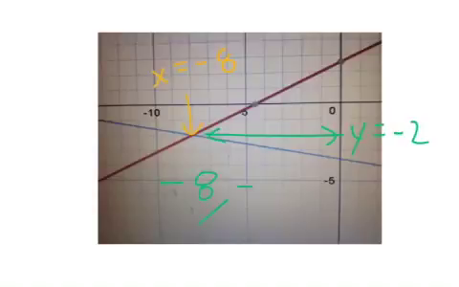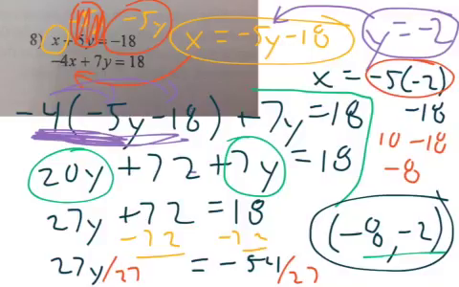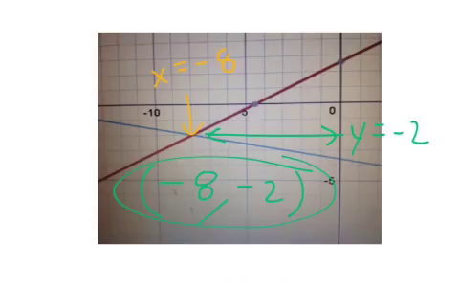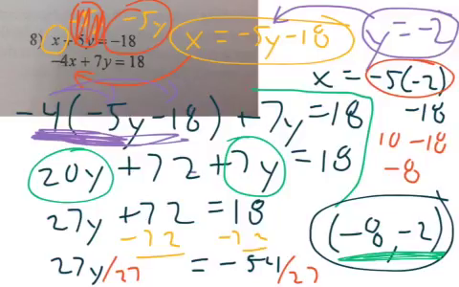And did we not come up with x negative 8, y negative 2? So don't forget, guys, that what we're really doing is finding where two lines cross each other. Hence the name linear systems. And as you can see, both these problems were done correctly.